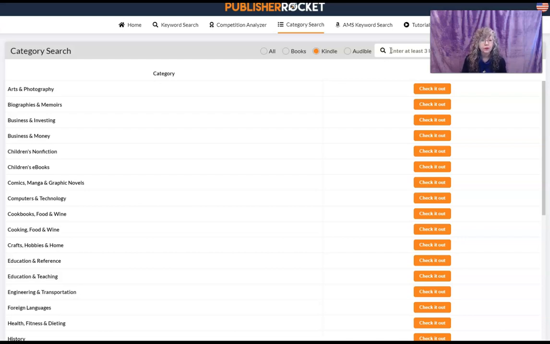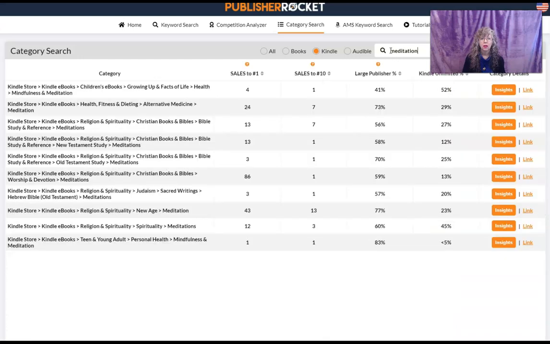Okay. So I'm going to type meditation in here. And these are the different categories. And this is very cool.